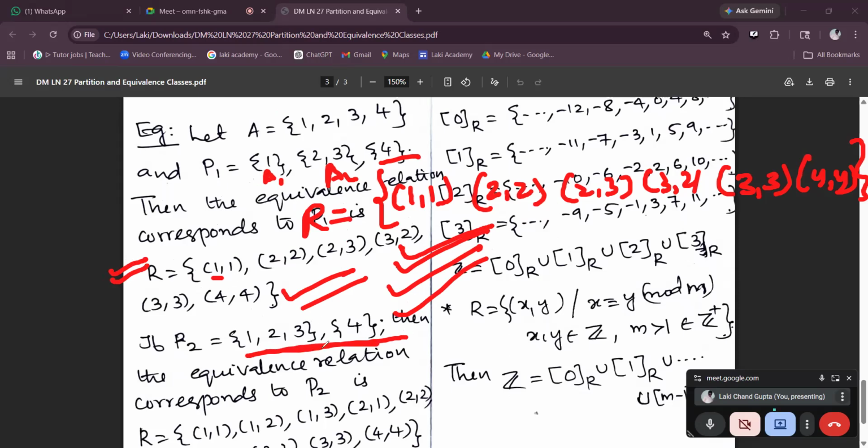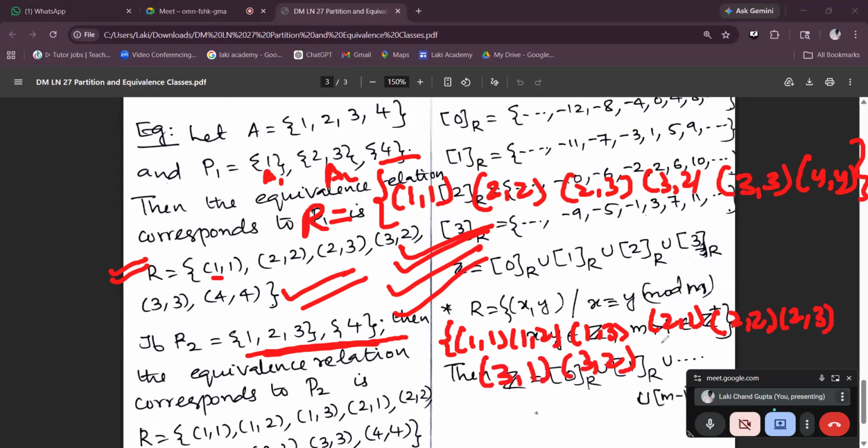You can check this also. You have three elements in one part: (1,1), (1,2), (1,3), (2,1), (2,2), (2,3), (3,1), (3,2), (3,3), and (4,4). So this is also an equivalence relation because it satisfies all the equivalence properties.